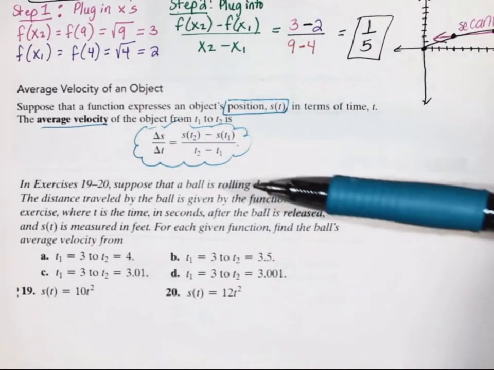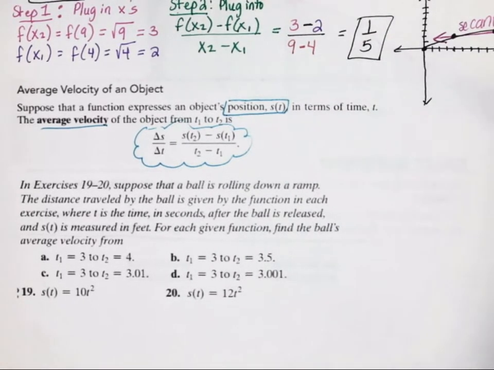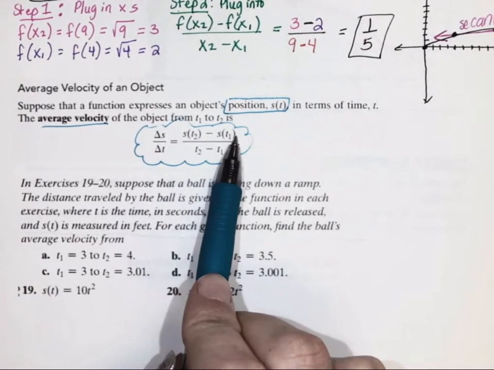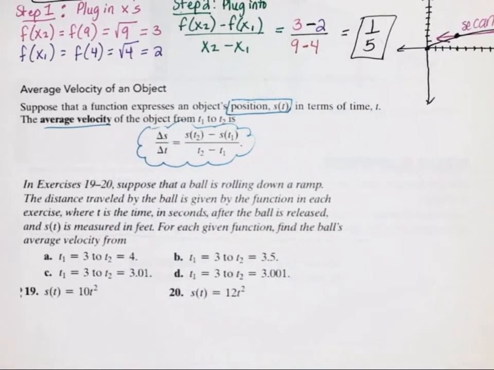So time 1 is the starting time, time 2 is the time that it's ending, or you're wanting to find that average velocity. And the top gives the displacement, or change of position.